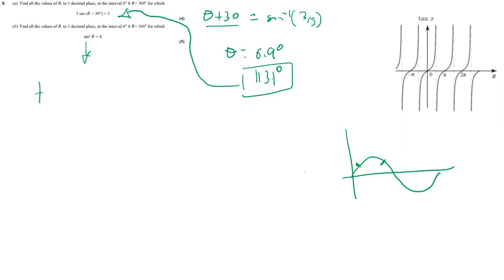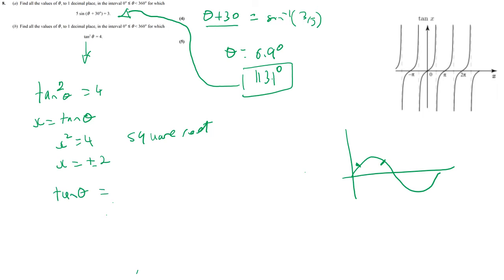So this one we will assume this is to the power, by the way, to the power. So if we assume that x is equal to tan theta, and if we have x squared is equal to 4, so that x is equal to plus or minus 2, because we will square root, then we have tan theta is equal to plus or minus 2, and we have the graph here.